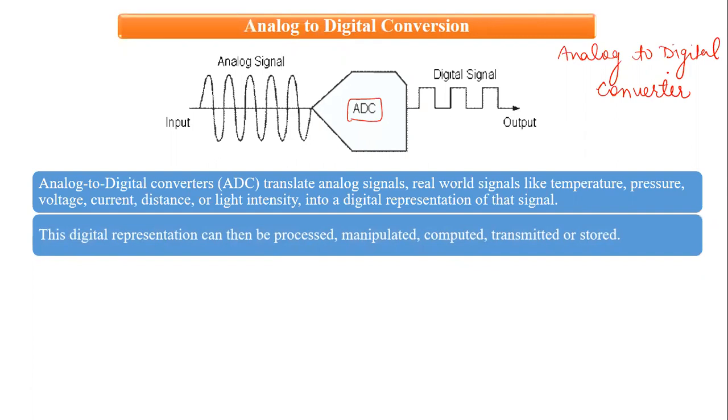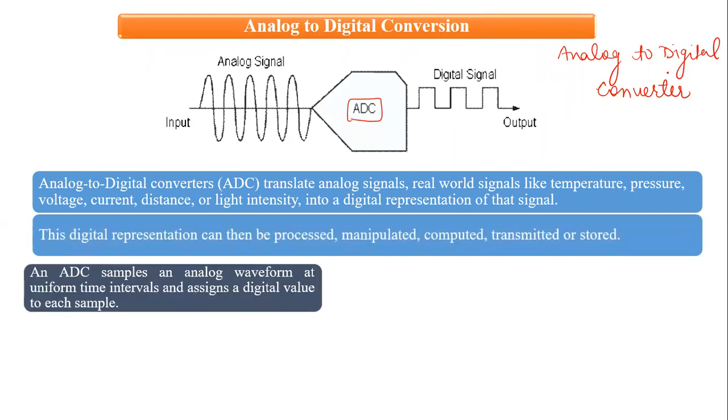Once we have that digital representation, these signals are processed digitally through a computer or microcontroller, and according to the algorithm stored in it, the output is computed, transmitted and stored. Storage is done so that it can be used for further analysis.